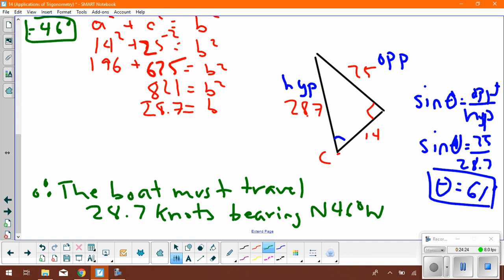So there's a navigation problem solved with trigonometry. I appreciate your patience. That was quite a bit of stuff in one example.